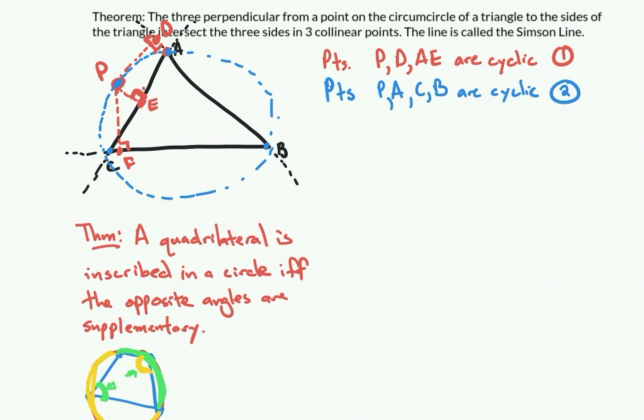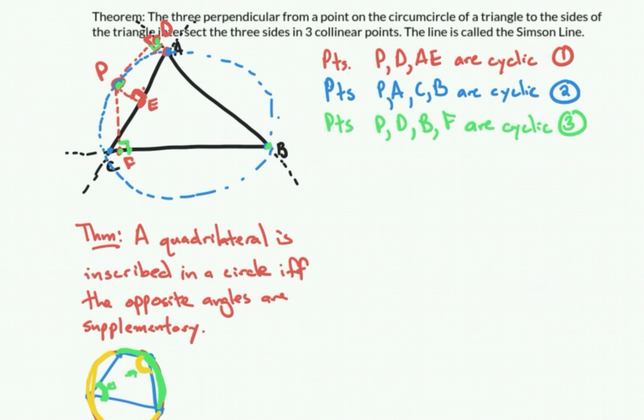They're all on the circumscribing circle. And then we can look at P, D, B, and F. So P, D, B, and F. Here again, we have right angle, right angle. Therefore, these must be cyclic. Okay?